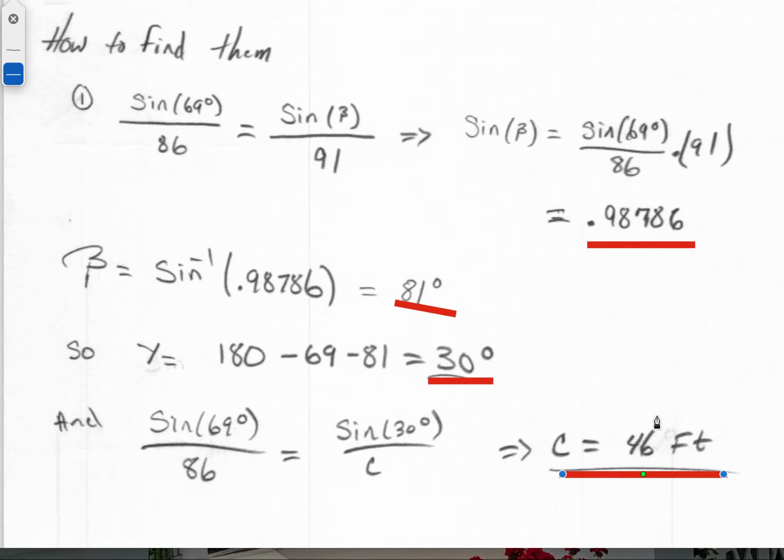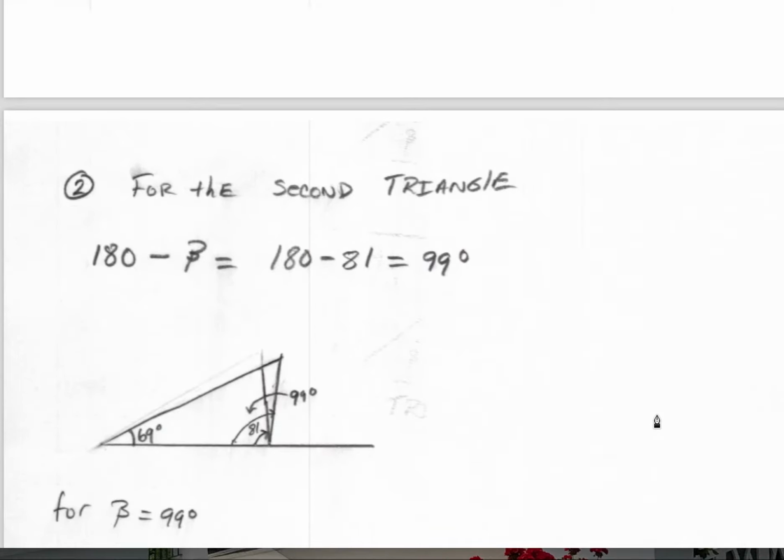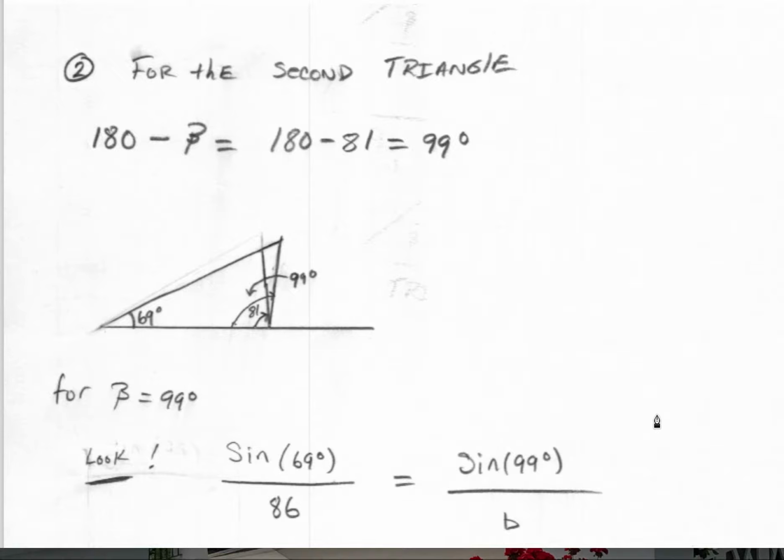So how do I find my second triangle? That's my first triangle. I've drawn a picture, though you don't have to draw it every time. I take 180 degrees and subtract the beta I just found, the 81, and I get 99. Here is my 69 degrees, and this is the first 81 degrees that I found, the first triangle.